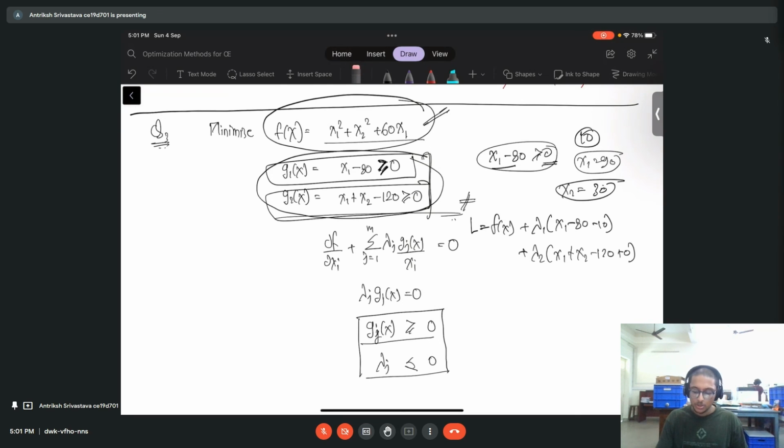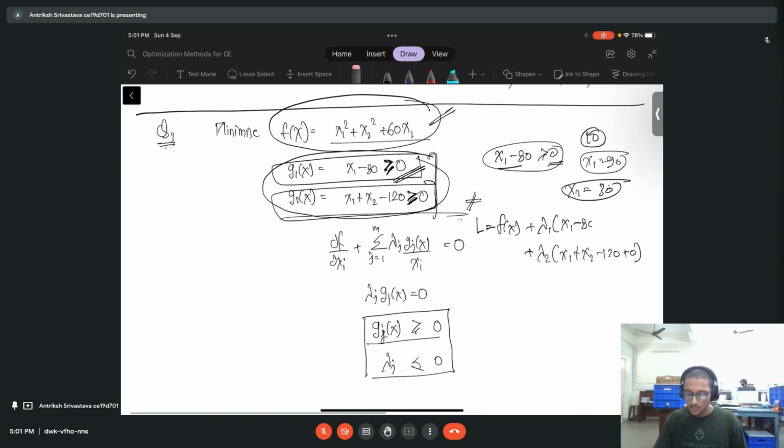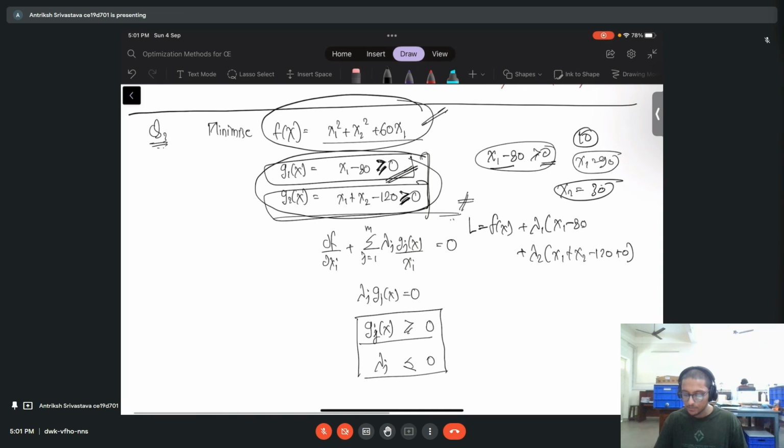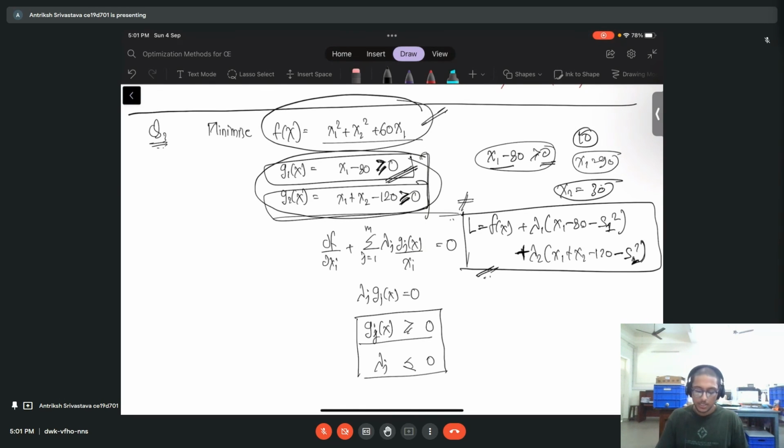But since we don't know what value we should add or subtract to remove this inequality, we replace it with a slack variable, the value of which we get while obtaining the optimal conditions. We don't need these values, but they need to be there for the inequality to be added to this function, because you cannot add it otherwise.